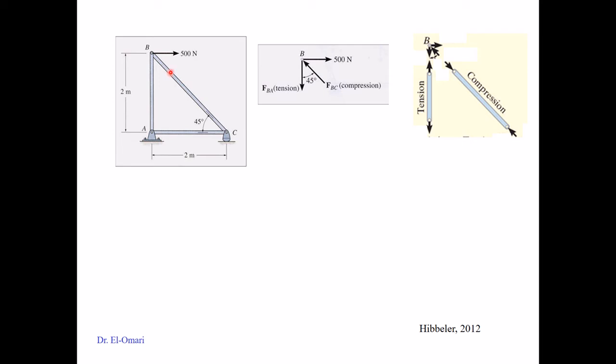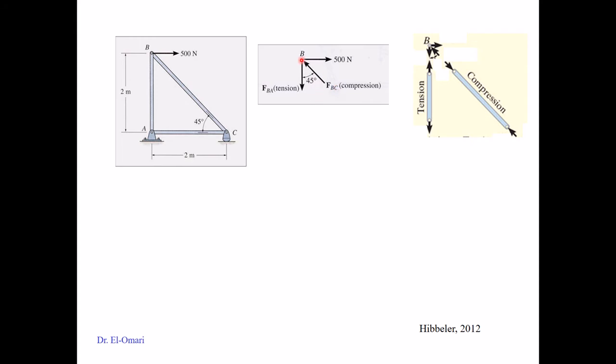This is because it will be considered as equilibrium of a particle, or a coplanar concurrent force system, where you have only two equations of equilibrium. Forces in the x and in the y are equal to 0. You apply them to get the magnitude of both members, and then decide whether these members are under tension or compression. So how do we do that?